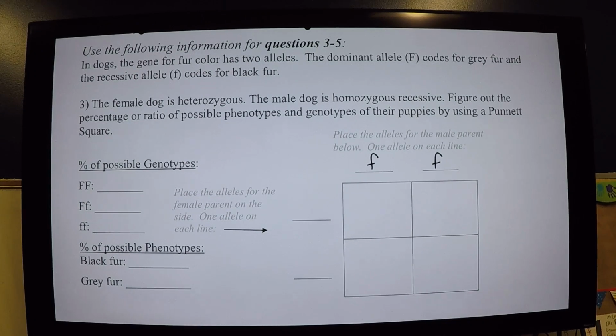The mom, the female, is heterozygous, so that's going to be one big, one little. At that point, you drag and drop, and always put the capital letter in front. You never put a little f followed by a big F. So you'll just drag and drop over until you fill your boxes.